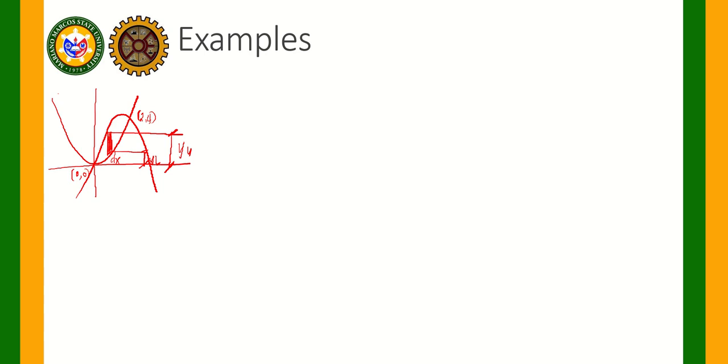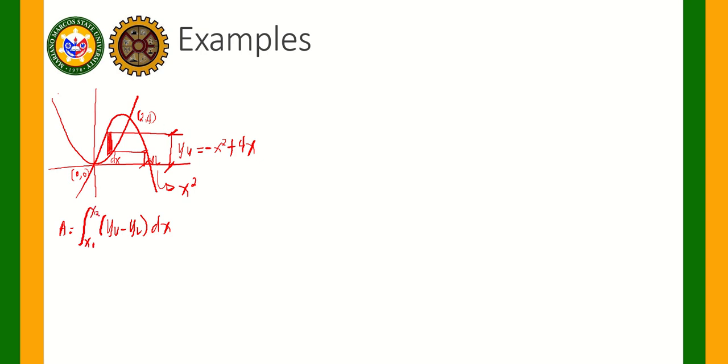Ito, si opening downward, which is si first y upper natin is equal to negative x squared plus 4x. And our y lower is si x squared. So, since vertical strip to, our formula will be area is equal to the integral of y upper minus y lower dx limits from x sub 1 to x sub 2.